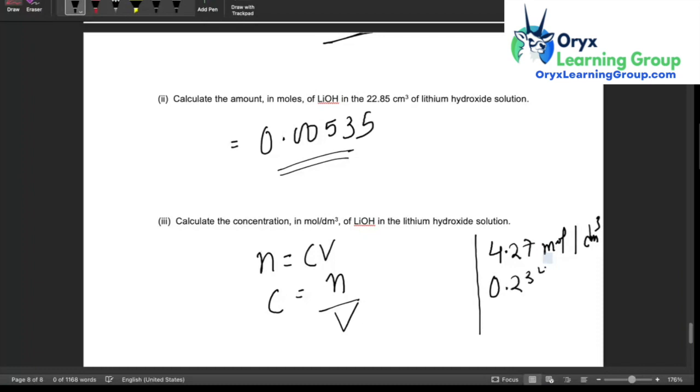Okay, 0.234 moles per dm cube. Okay. This one is whose answer? Mine, Abdullah. Okay. So 4.27 is whose? Laura? Okay, Laura and Adrilla. Okay, fine. Okay, anybody else with any other answer?